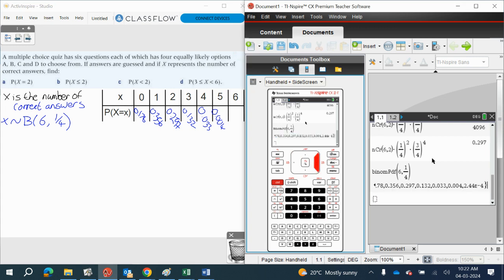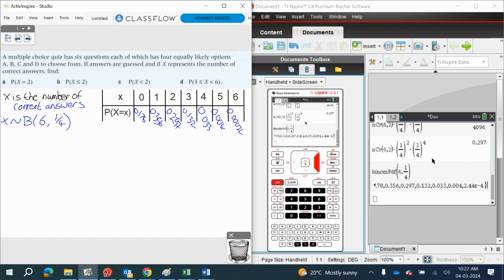So if I just scroll across there on that one, it's 0.00024.